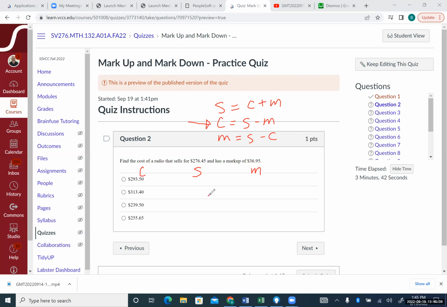So the selling price, $276.45, minus $36.95. That's a decimal.